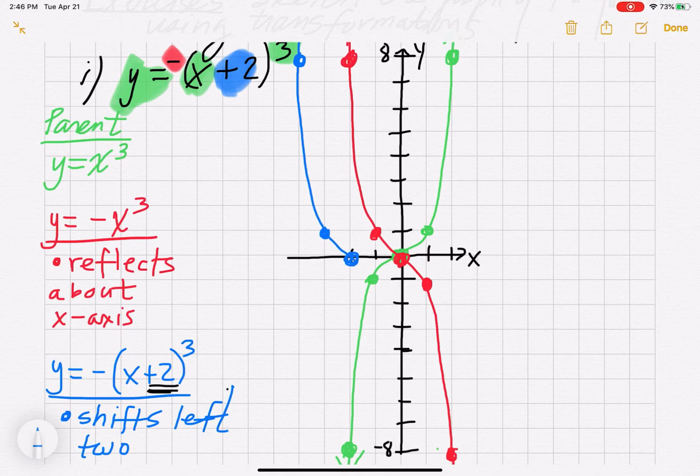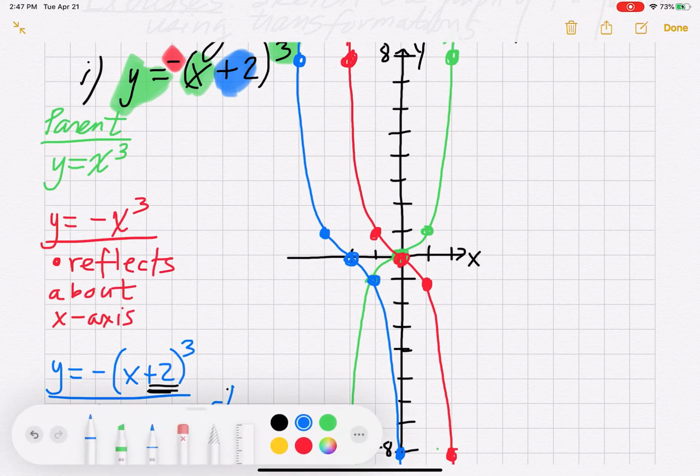And then the point 1, negative 1 is going to move 2 to the left. Then this point, 2, negative 8, is going to move 2 to the left. I'm going to make this arm going down here. So the blue guy is my graph. Let's give that dude his own XY plane.